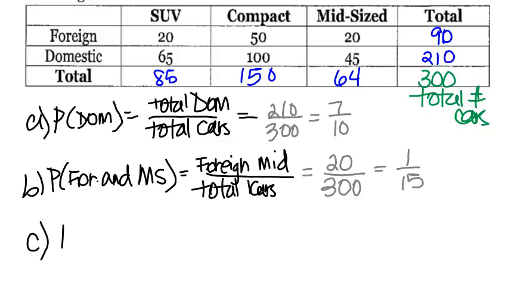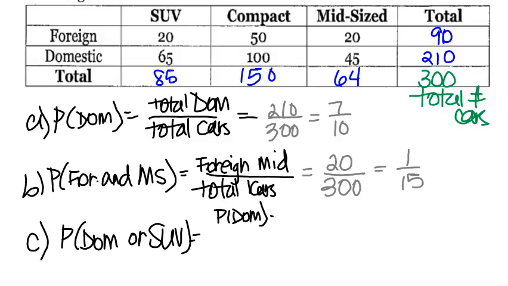Let's see, we're looking for the probability that we pick a domestic vehicle or an SUV. So this one's a little bit different. We're looking for the probability of the domestic, and "or" means to add the probability that we pick an SUV. Well, let's look.